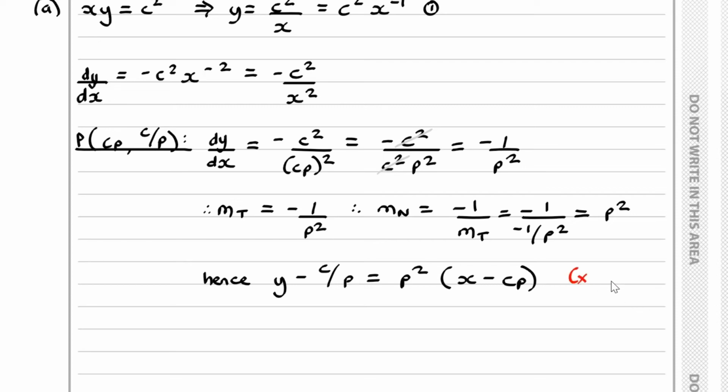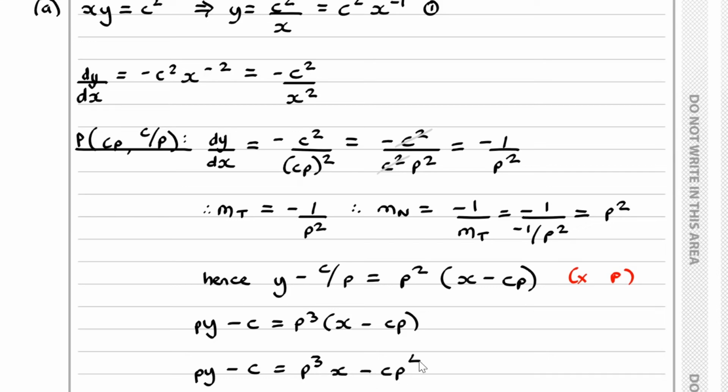If we multiply through by p, then we have py minus c equals p cubed lots of x minus cp. And if we expand this out, we have py minus c equals p cubed x minus cp to the 4.